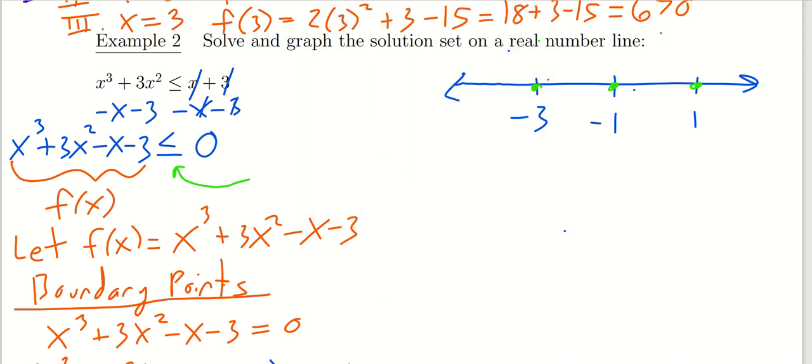Those 3 boundary points, by the way, will break up the number line into 1, 2, 3, 4 different regions. We're now going to proceed with the method of testing points. We need a test point for each region.